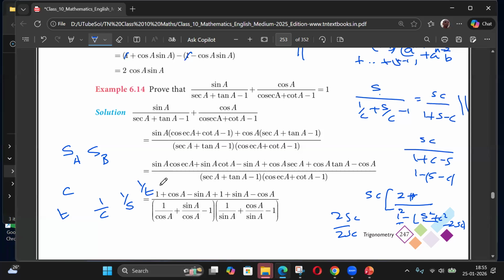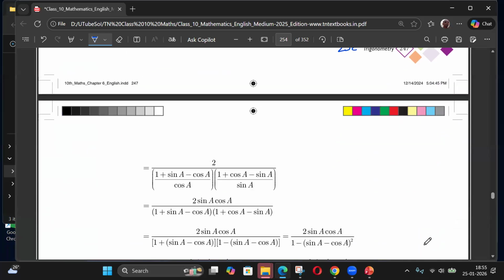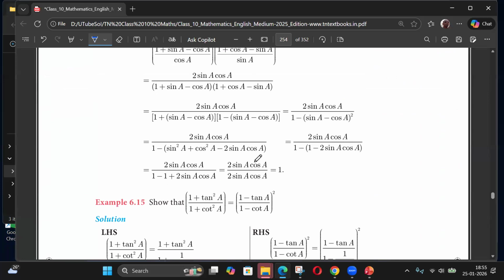And there are multiple angles for the suffix. There is B angle. Otherwise, you'll have to keep writing.